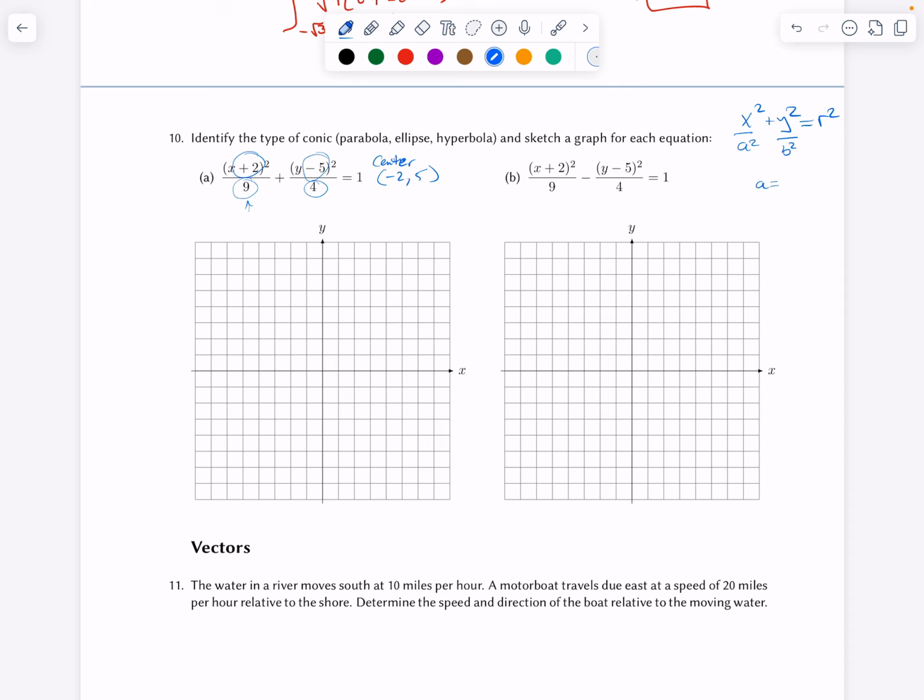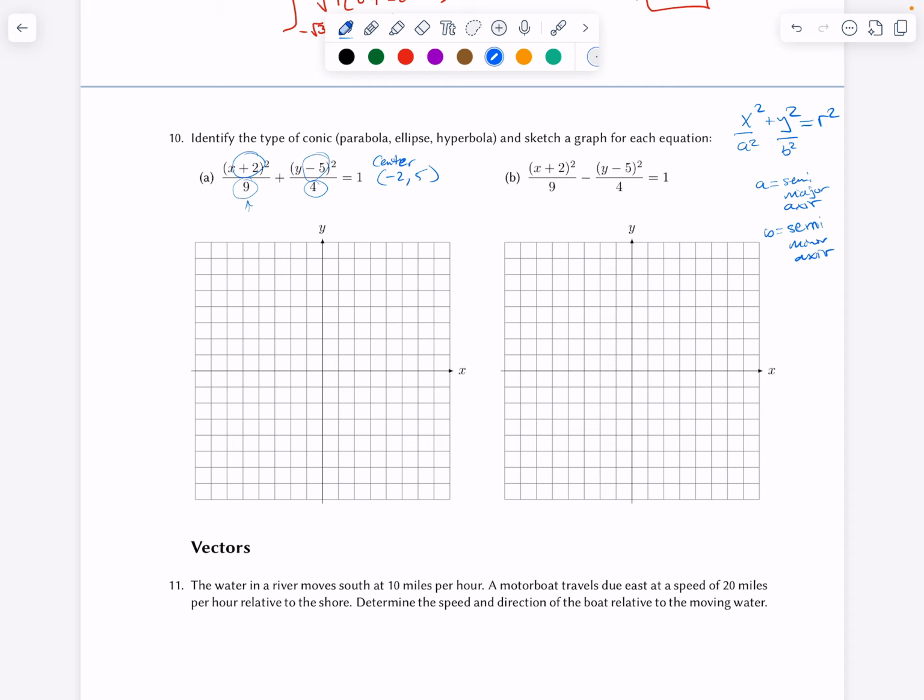In this case, a is the semi-minor axis. Well, major, I guess. Whichever one's bigger is the major axis. I don't like to make a big deal of it. You can figure it out. The bigger number is the major one, the smaller one's the minor one.